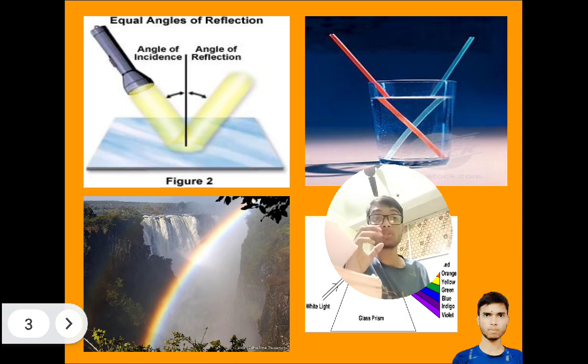So what does the first law say? The first law says that if the angle of incidence is 35, then the angle of reflection would be the same, 35. It is nature, it happens. That's why this is a law, the first law of reflection of light.